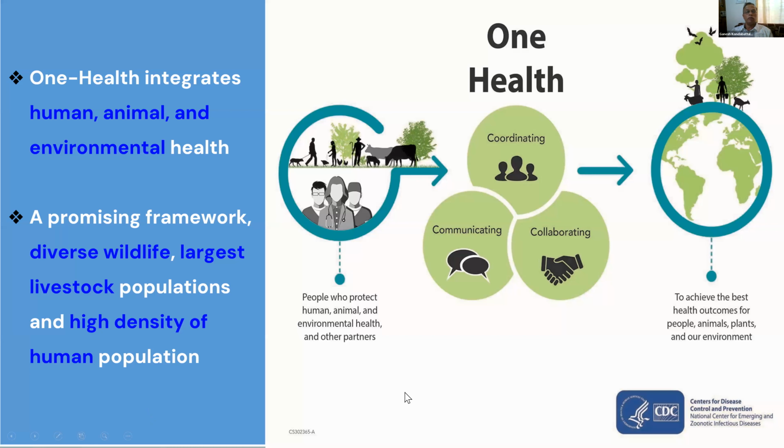These are the 3 things which are very essential to make the One Health approach successful in India. One Health integrates human, animal and environmental health. And it's a promising framework in India because we have a diverse wildlife population. Similarly, we have the largest livestock population, and we have a high density human population, which are the challenges to work with the One Health approach.